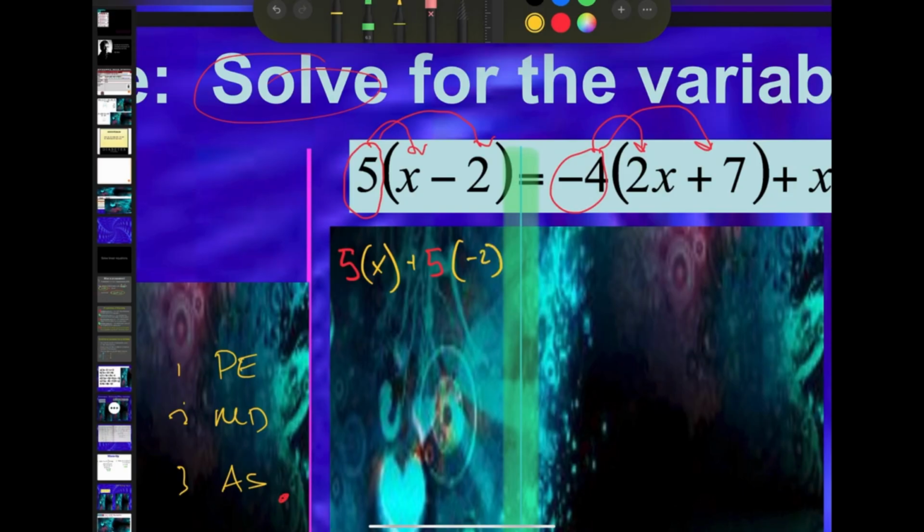Do you see how the 5 is distributed or given to everyone inside the parentheses? Let me show you on the other side too. So that means the negative 4 is going to go both towards the 2x by multiplication. Right, because it's multiplication. And it's negative 4 times the 7. And I still have the x on the outside. Let's go ahead and simplify here.